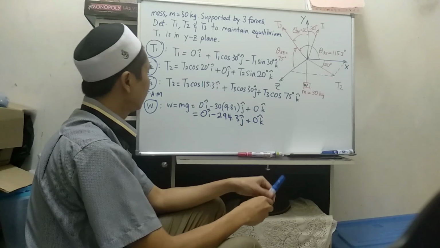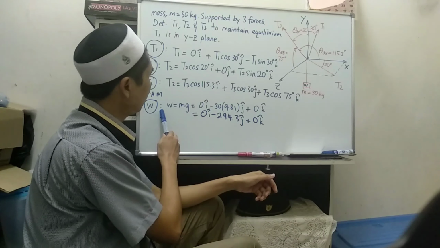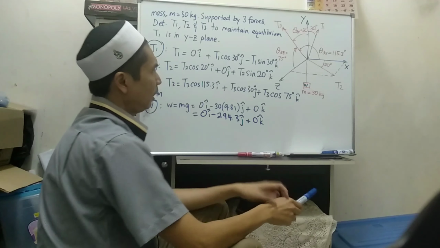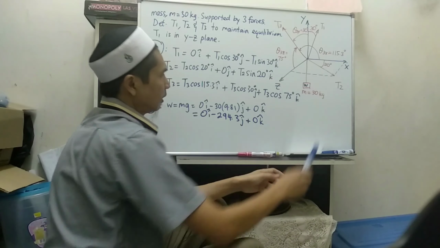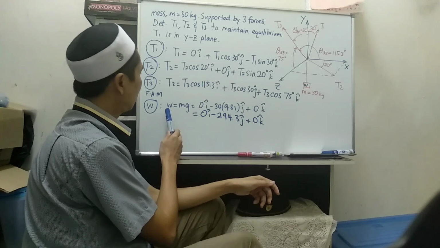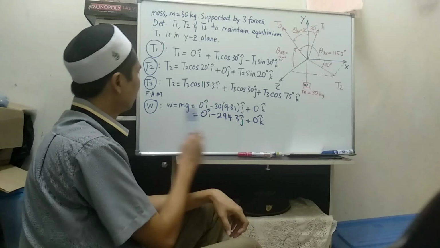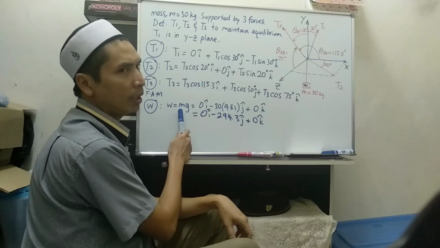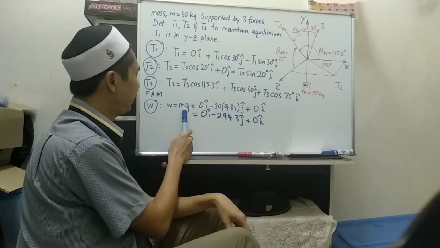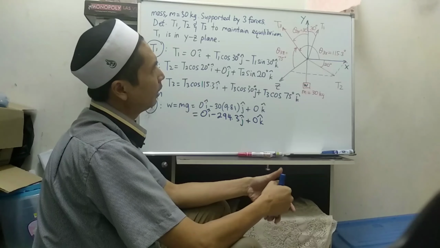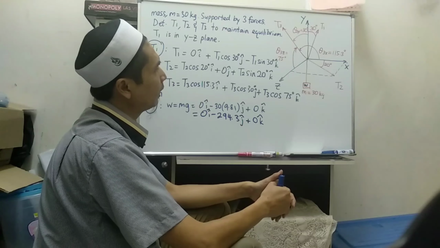The last force acting is due to the mass. If we write it as W, the weight of that mass is mg, and it is acting only in the negative y direction.